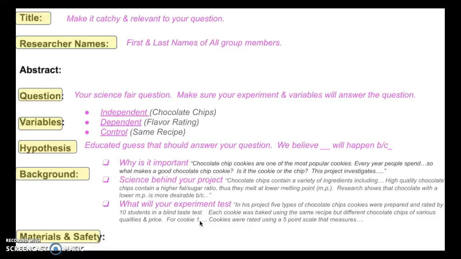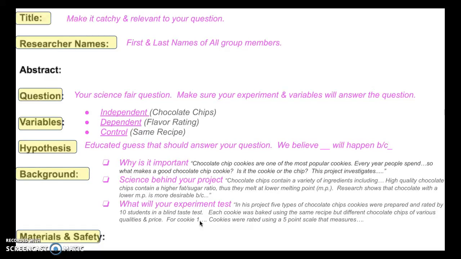Also not presented here are the details of how you structured the test. You didn't give any details about the 10 students, like any details that would influence their rating. So here, just a general sense of what your experiment will test.